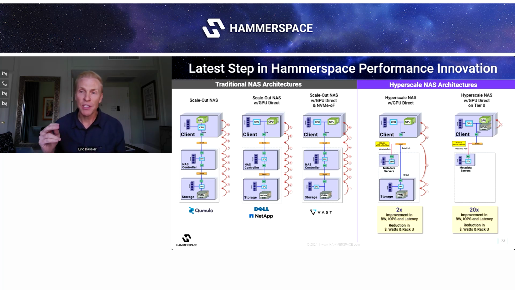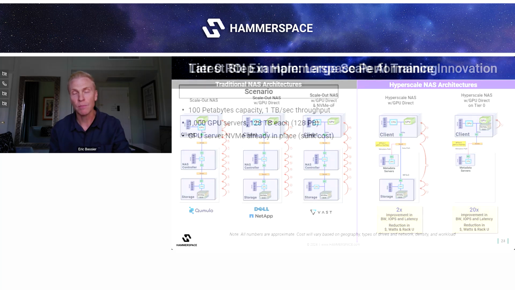And now, because the NVMe is co-located with the GPU, our parallel file system can now take advantage of an enhancement that we've made and contributed to the Linux kernel that creates a shortcut between those GPUs and the local storage to further reduce latencies. We call that NFS protocol bypass, and we're going to talk about that when we get into how it works.